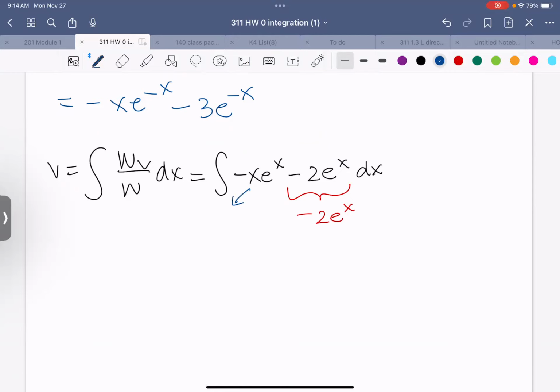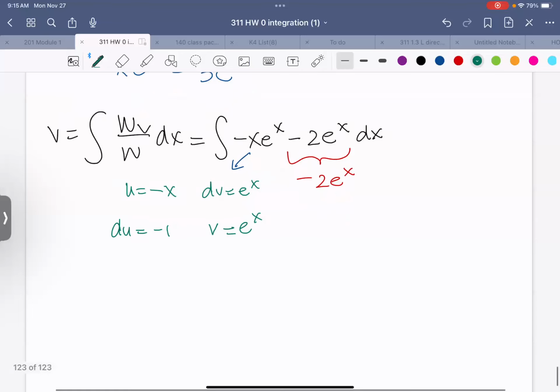And for this one, we want to go by parts. So u is equal to negative x, dv is e to the x. So du is negative 1, and v is e to the x. So this is going to give me negative x e to the x minus the negative, so plus the integral of e to the x dx.